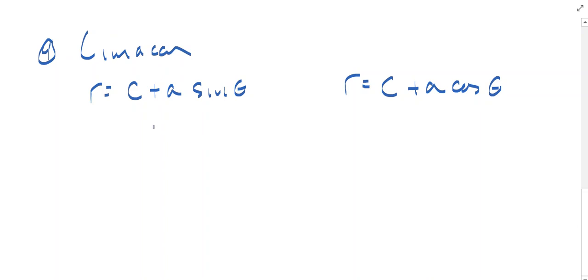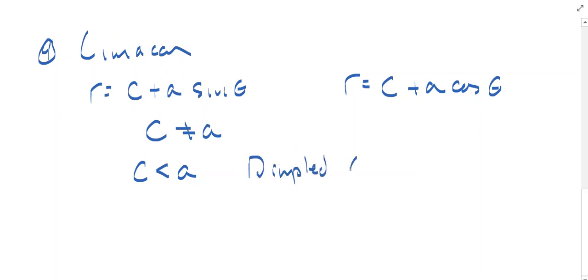The only difference here is C is not equal to A. If C is less than A, we have a dimpled limaçon, and I'll show you what that is in just a second. If C is greater than A, then we have an inner loop.